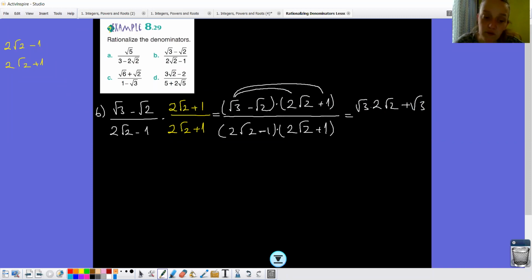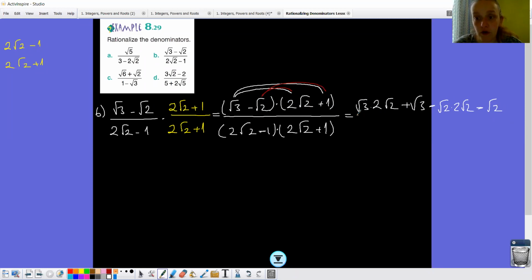Then I'm multiplying with root 2, both of them, which will be minus root 2 times 2 root 2. And here I have minus, here plus, again it will be minus root 2 times 1, which will be root 2.